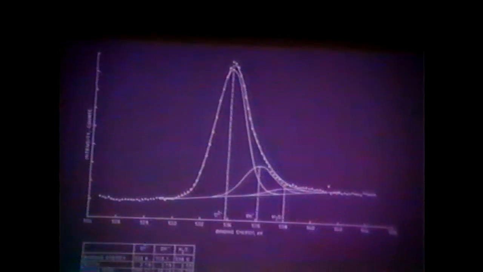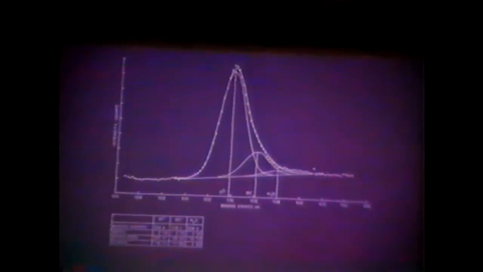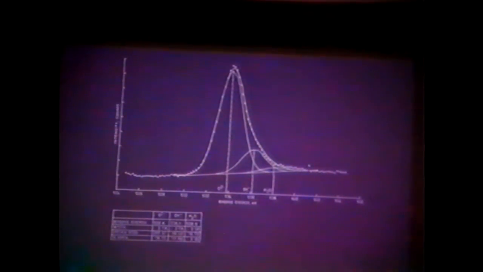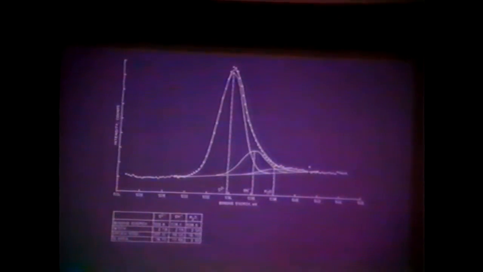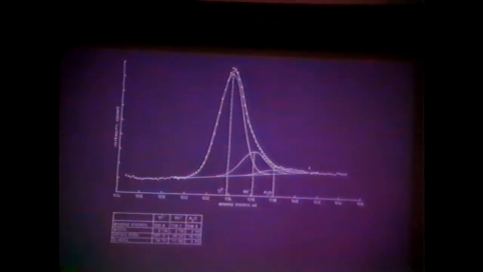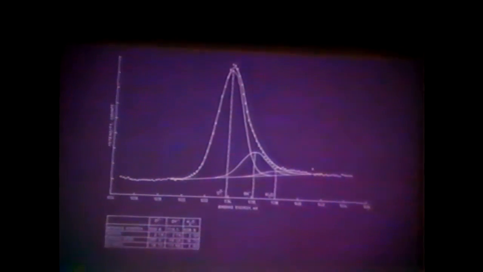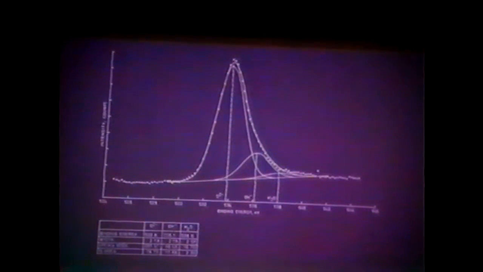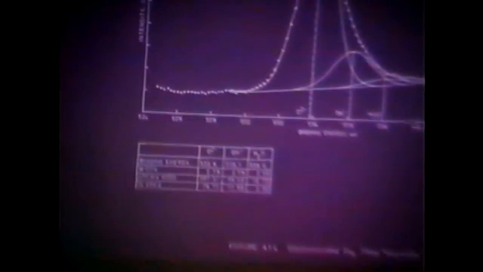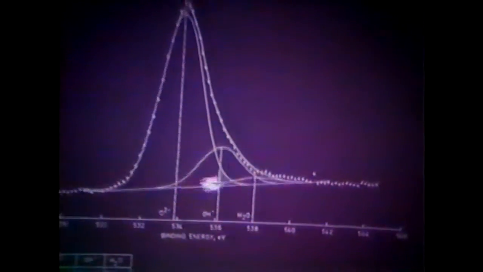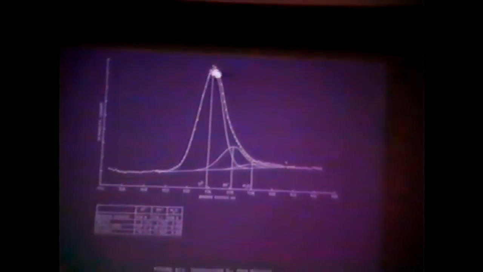This is the O1S peak deconvoluted using literature values for the chemical shifts relative to the O1S isolated atom. The three species being OH minus, O2 minus, and H2O. So this is the deconvolution program.